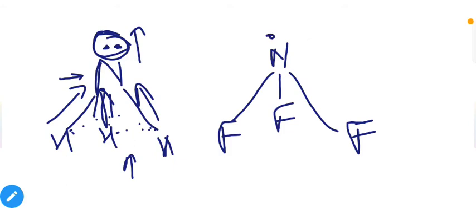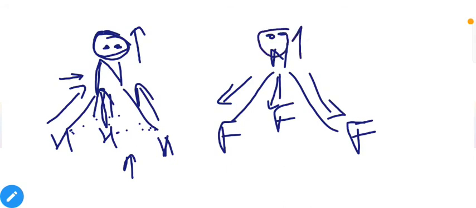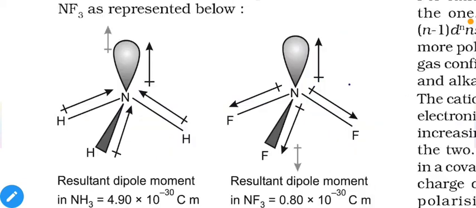The reason is, as we know, nitrogen is less electronegative than fluorine. That means this time the direction of electrons will be towards the bottom, and this electron pair is trying to push negativity towards the top. So now we have two different factors acting against each other, and that's why overall the dipole moment will decrease. So the same is mentioned here. As we can see, this is the lone pair of nitrogen which is trying to pull negativity towards the top.